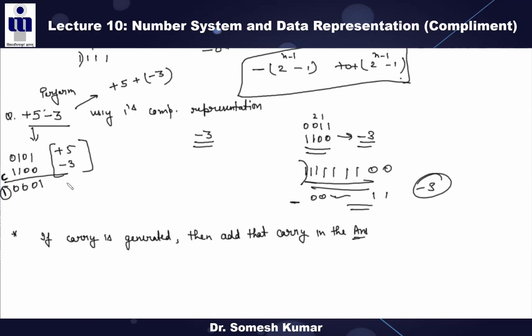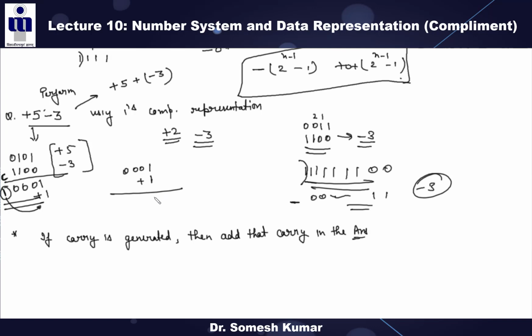For example, here plus 5 minus 3, the answer should be plus 2, right? But this is not plus 2, right? For the right answer, if the carry is generated, then you have to add the carry in that answer, right? So here this carry is generated, so you have to add this carry here, right? So the right answer is, you have to remember this thing, this is 1, right?